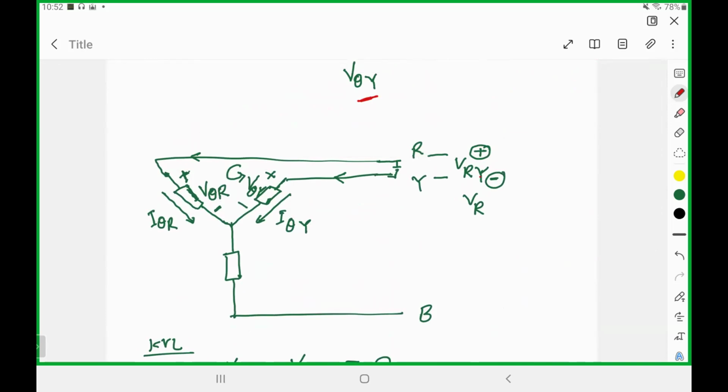So we have started with the phase quantity. We have taken the reference assumption of the first phase, 0 degrees, and then from that phase we have derived the line voltage. Line voltage will always be higher or equal. In delta it will be equal, that we will find out a little later. All right, is this clear?